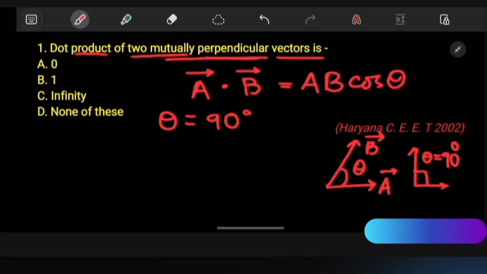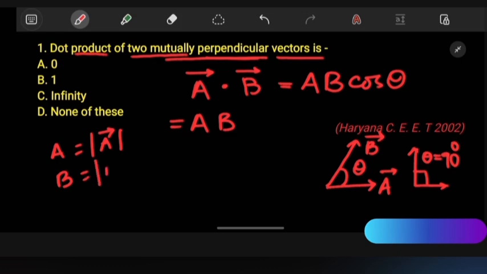Then what will be the value of AB cos theta? It equals AB, where A is the magnitude of vector A and B is the magnitude of vector B. AB as it is, and theta is 90 degrees.